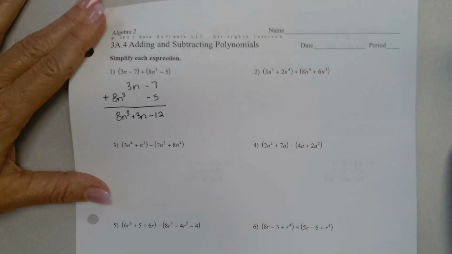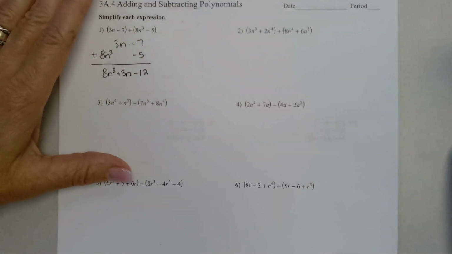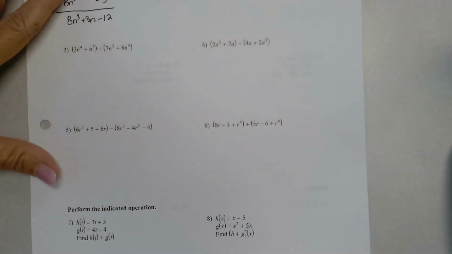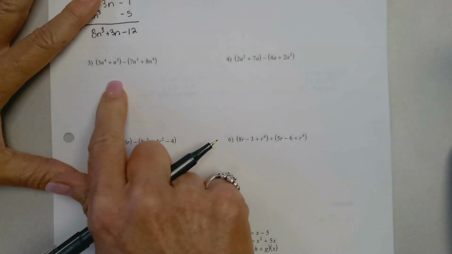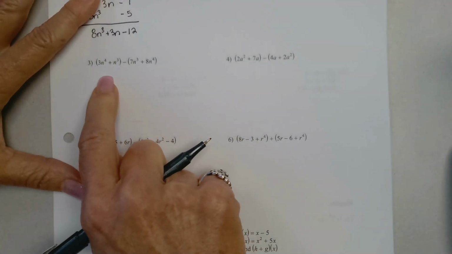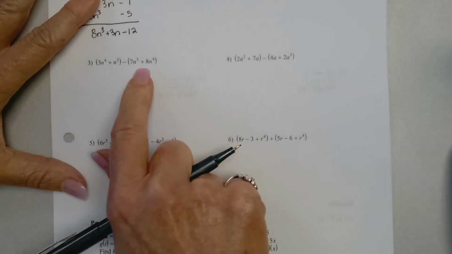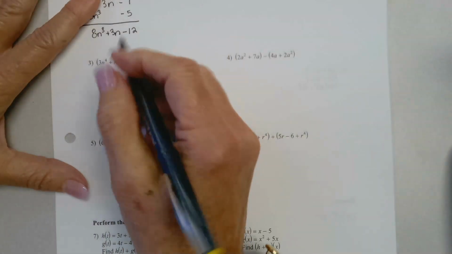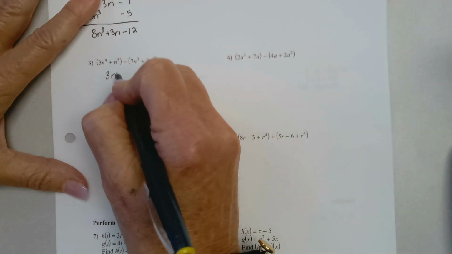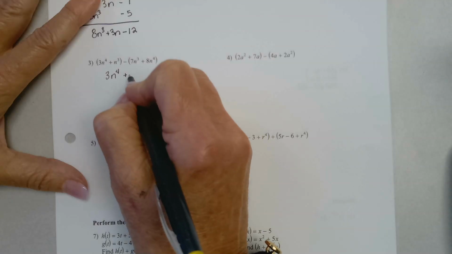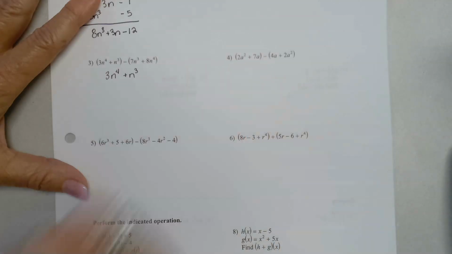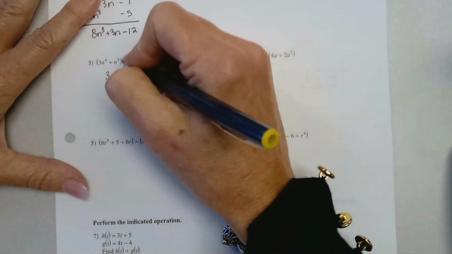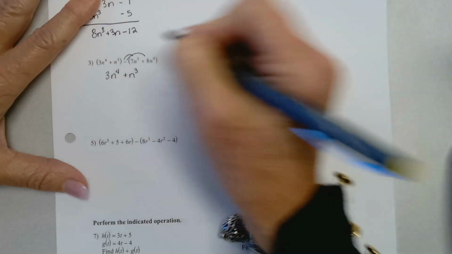All right. For the subtraction part, you're going to be doing the same thing. We're going to set this up so that we line up all of our like terms together. So I have a 3n to the fourth plus n to the third, and I am going to subtract each one of these terms.